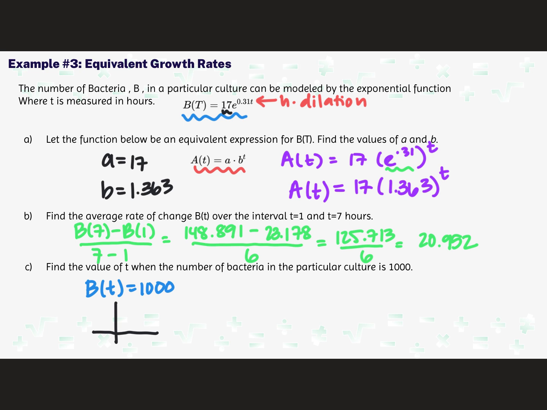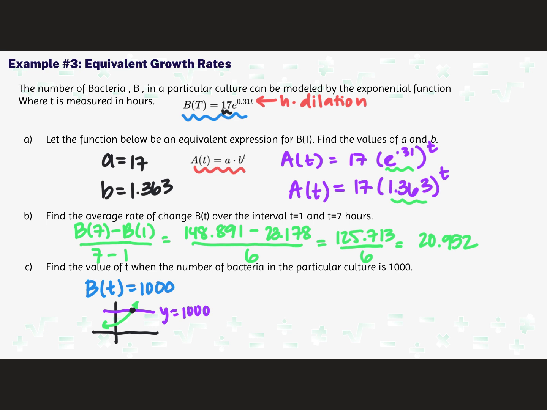So our exponential function is exponential growth. We can see that base was bigger than 1. And then we will graph the line y equals 1,000 and find that intersection. So we can find where on our function we have an output of 1,000. So go ahead and type that into your calculator. I'm going to do the same.